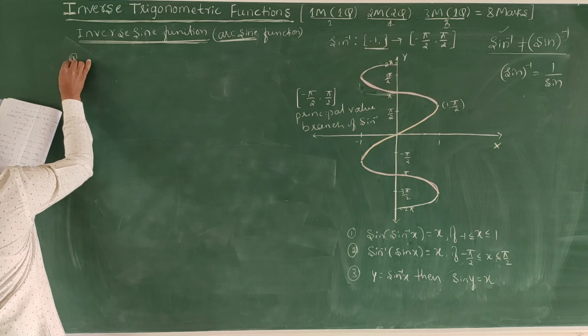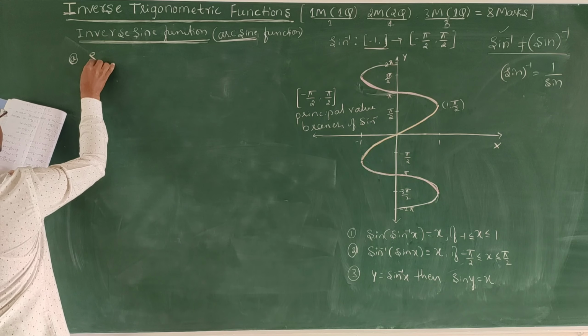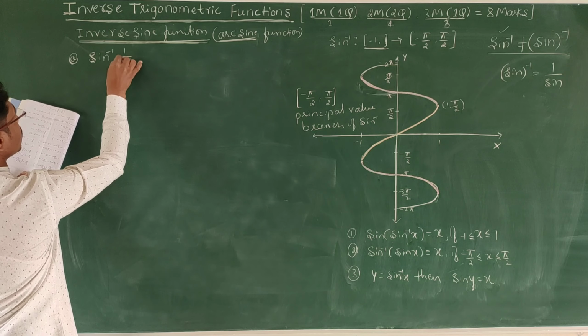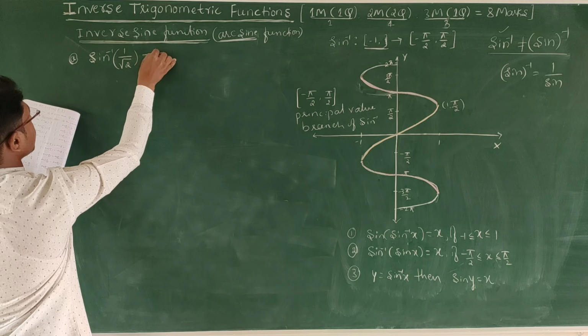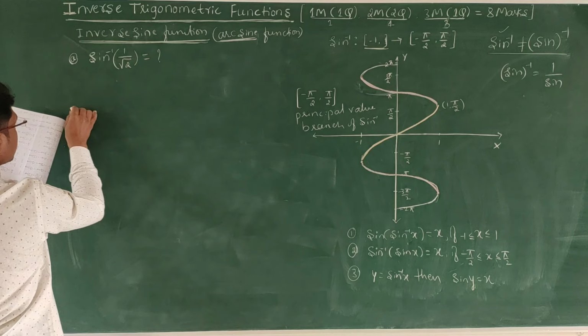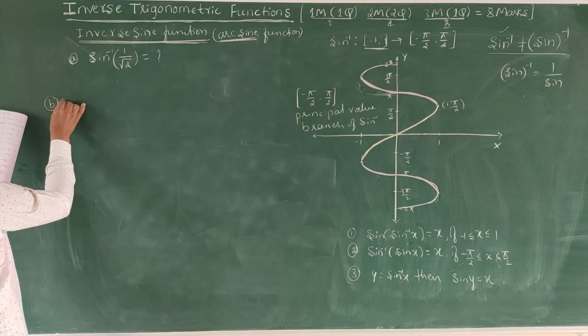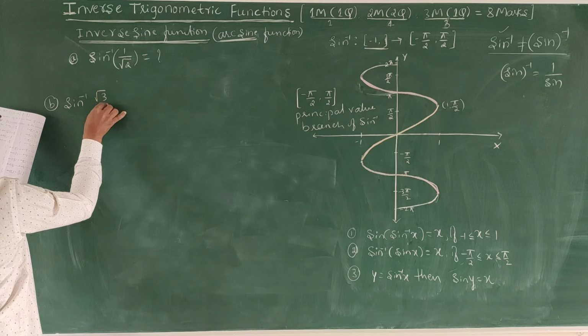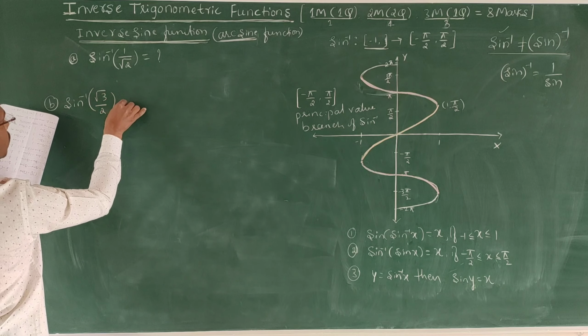Example A: sine inverse of 1 by root 2 is equal to what? Okay, B: sine inverse of root 3 by 2 is equal to, we have to find.